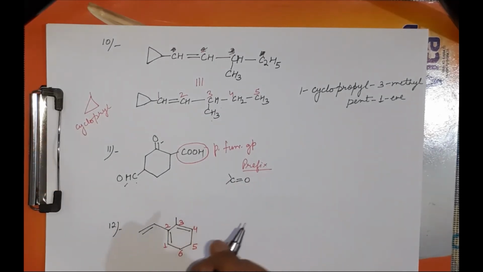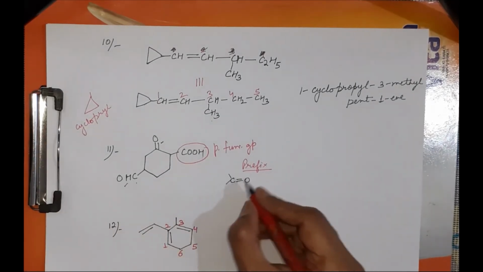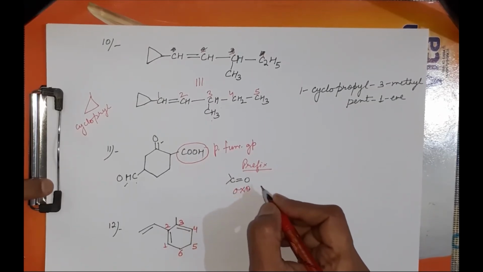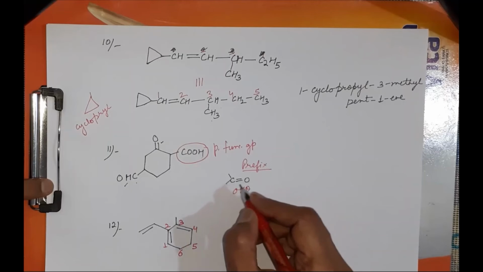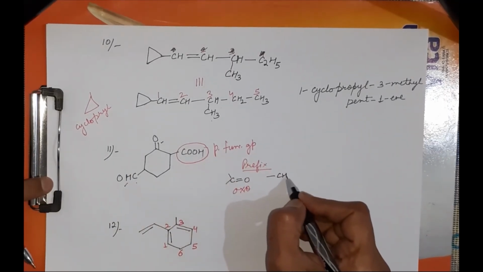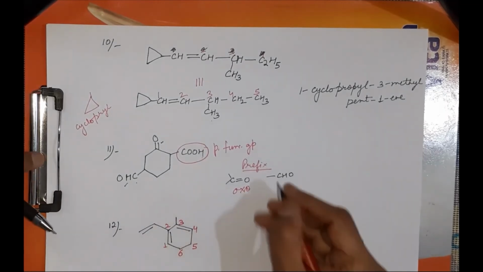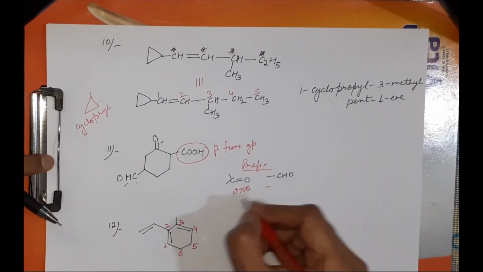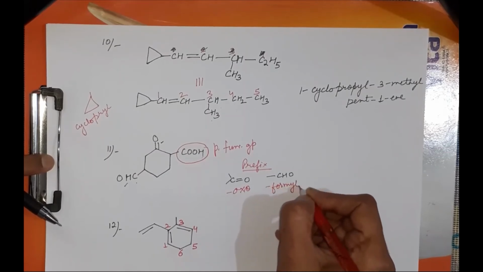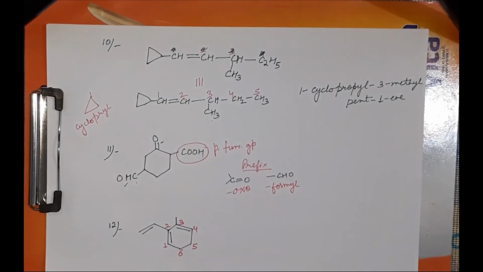We use oxo as a prefix when it is present as the substituent. And for this aldehydic group, we use formyl. Formyl is used as a prefix. So first we will do numbering.